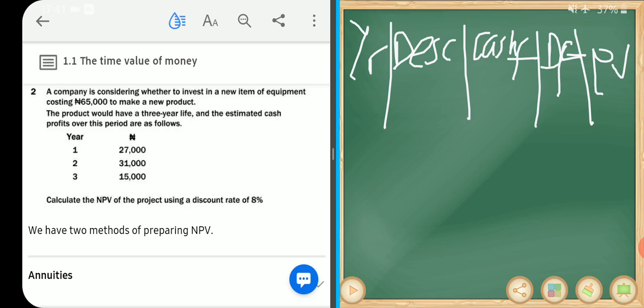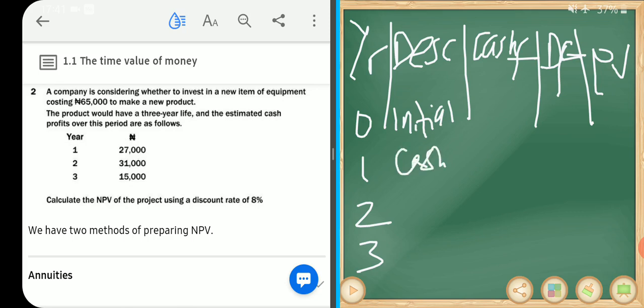Then under your year, you have year 0, year 1, year 2, year 3. Under your description, you have your initial capital, which is always done at year 0. Year 1, you have your cash flow. Year 2, you have your cash flow. Year 3, you have your cash flow. Then under cash flow column, you write your figures. If in year 0 you invested 30,000, you write 30,000. Remember, it's always negative.